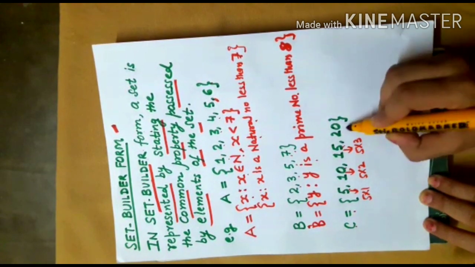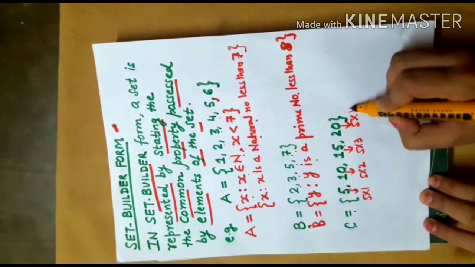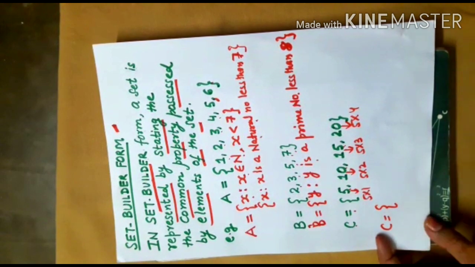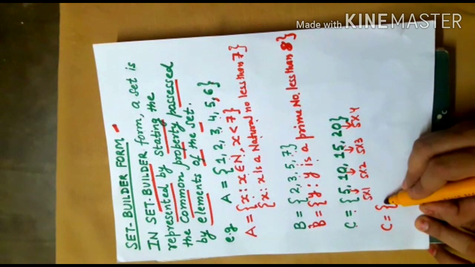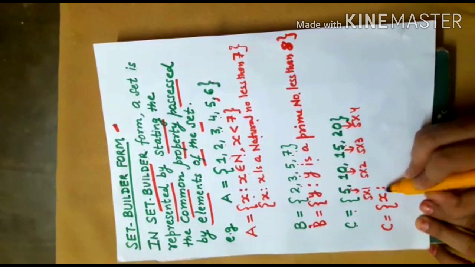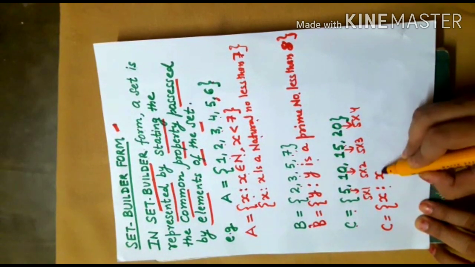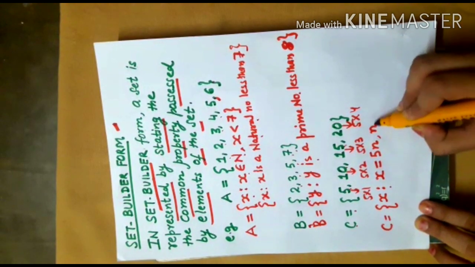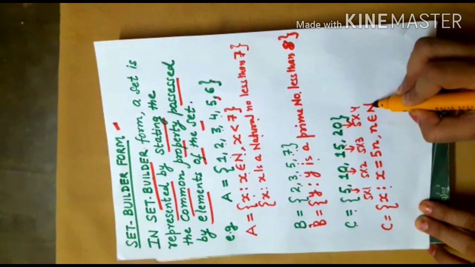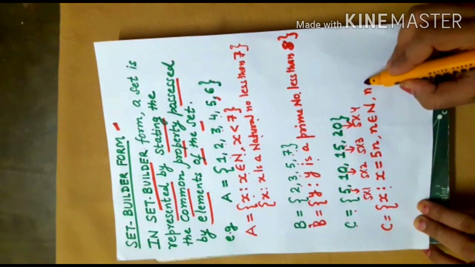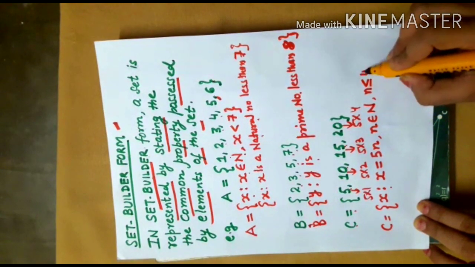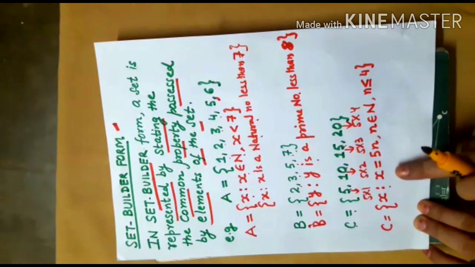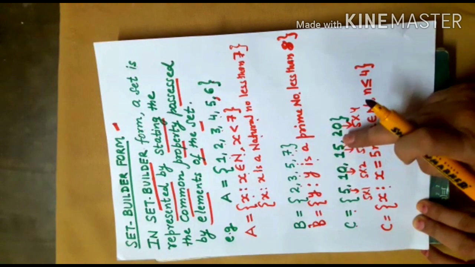This is 5 into 3. And this is 5 into 4. So, I'll write this set as collection of all x such that x is equal to 5n, where n is a natural number and n is less than or equal to 4. So this is the set builder form of this set.